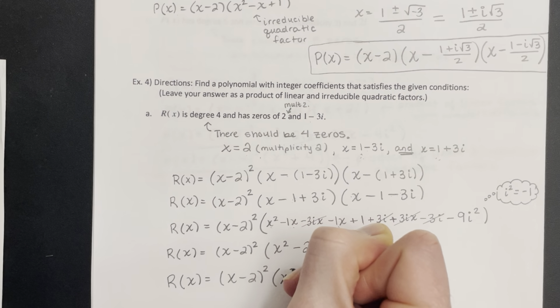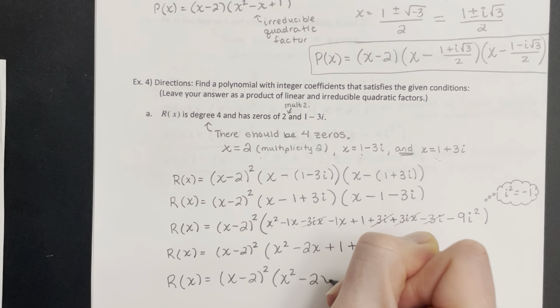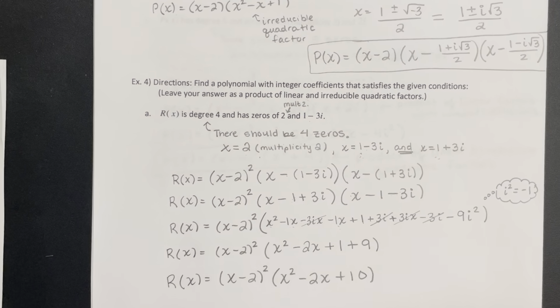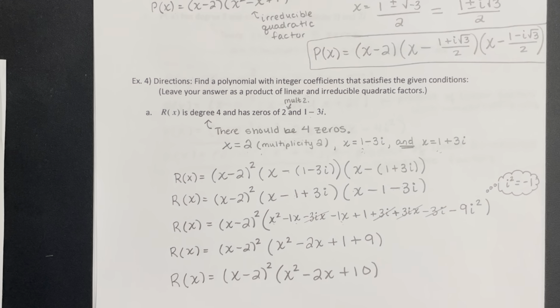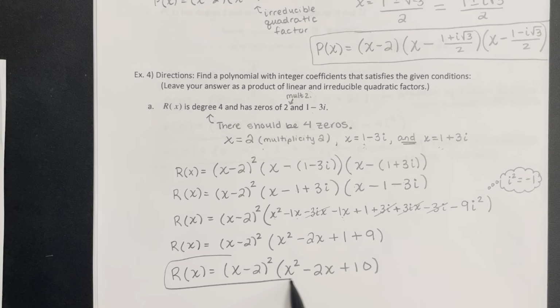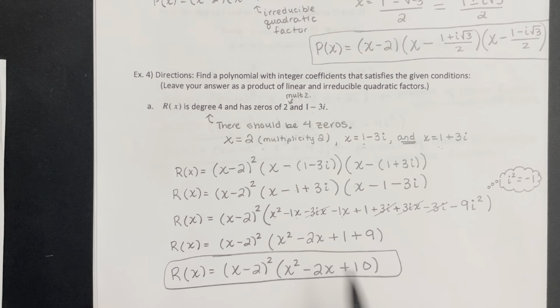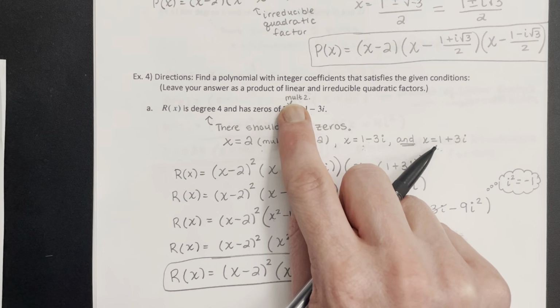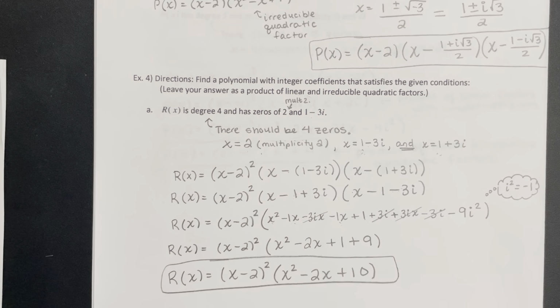So this one would be x squared minus 2x plus 10 as our irreducible quadratic. The x minus 2 squared is a linear factor. But now r of x has been written out as that product of linear and irreducible quadratic factors.